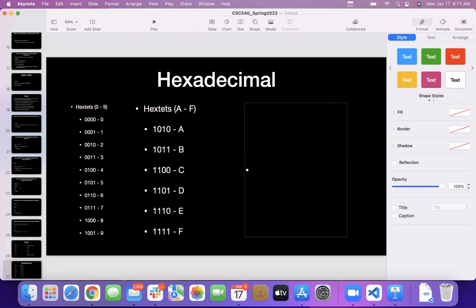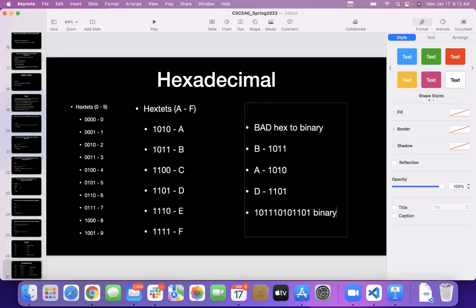So that allows us to do something like BAD hex to binary, where before we would have had to convert BAD from hex to decimal, which is 2989, and then go from 2989 decimal to binary. Well, now I can just write out that a B is a 1011, an A is a 1010, a D is a 1101. So this is 1011 1010 1101 binary.